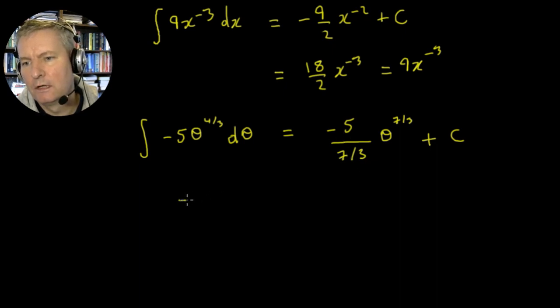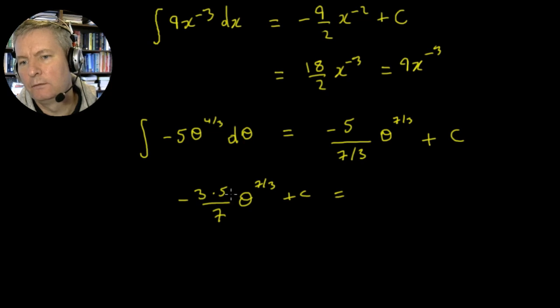So that's the same as minus 3 times 5 all upon 7 theta to the power of 7 upon 3 plus c. So that's equal to, well, 3 times 5 is 15, so it's going to be 15 upon 7 theta to the 7 upon 3 plus c.